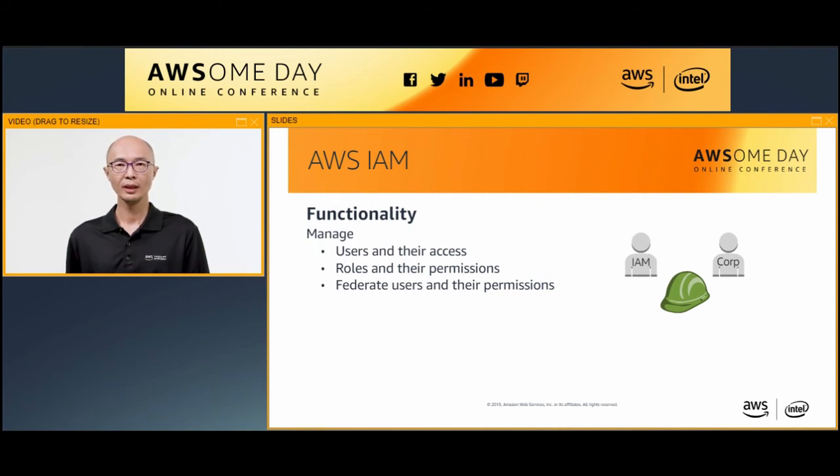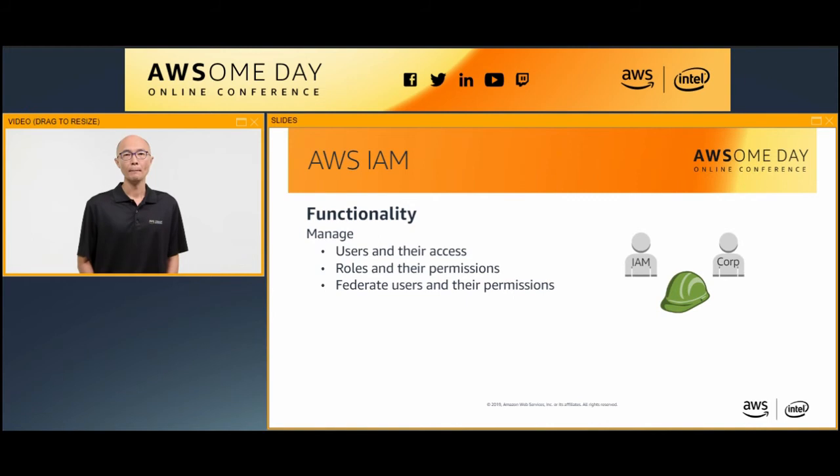You can create roles in AWS IAM and manage permissions to control which operations can be performed by the entity or AWS service that assumes the role. Finally, manage federated users and their permissions. You can enable identity federation to allow existing identities like users, groups, and roles from your corporate directory to access the AWS Management Console, call AWS APIs, and access resources without the need to create an IAM user for each identity.